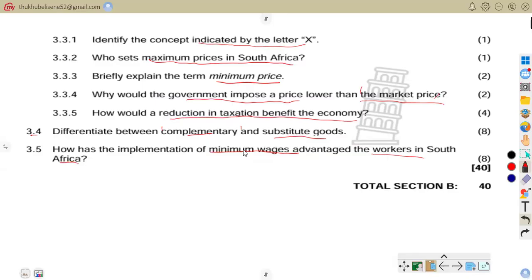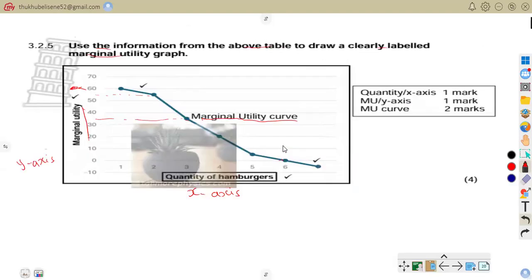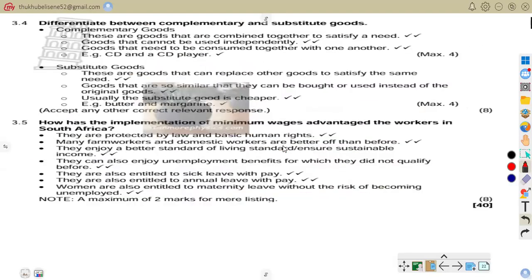But substitute goods are goods which replace each other. For example, butter can replace margarine, tea can replace coffee. Hope you're together on that.